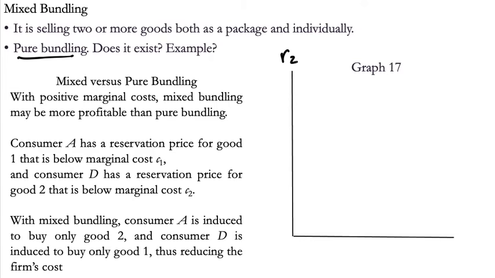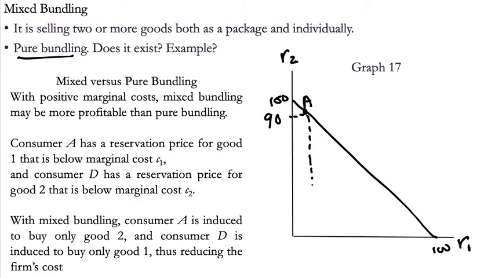Now, you want to look at this in the form of a graph. Let's say reservation price of good 2 here, good 1 here. Let's say we have this negatively correlated, and the price of bundling is 100. We have 4 different consumers. Consumer A has the highest reservation price for good 2, 90, but the lowest reservation price for good 1, which is 10.